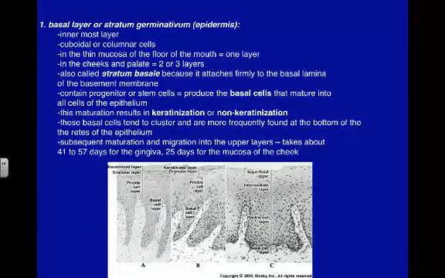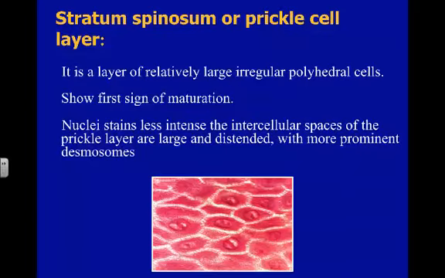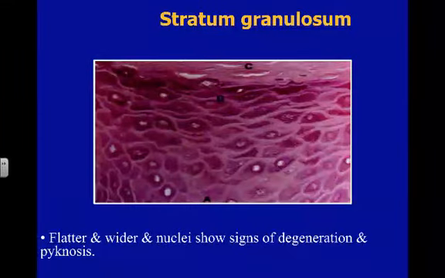So again, this is the bottom layer, the basal layer. It's attached to the basement membrane. Again, it really will undergo the division. For the most part, it is essentially active mitotically, and here we have the stem cells. Here are the polyhedral cells, the spinosum cells. We can see the nuclei. We see attachments called the desmosomes.